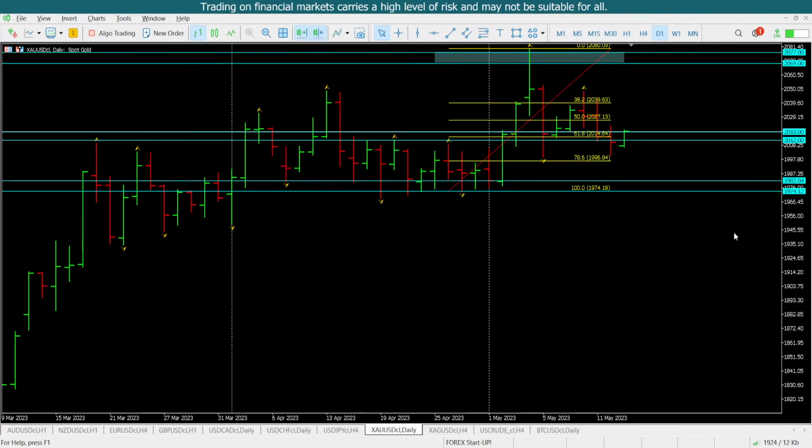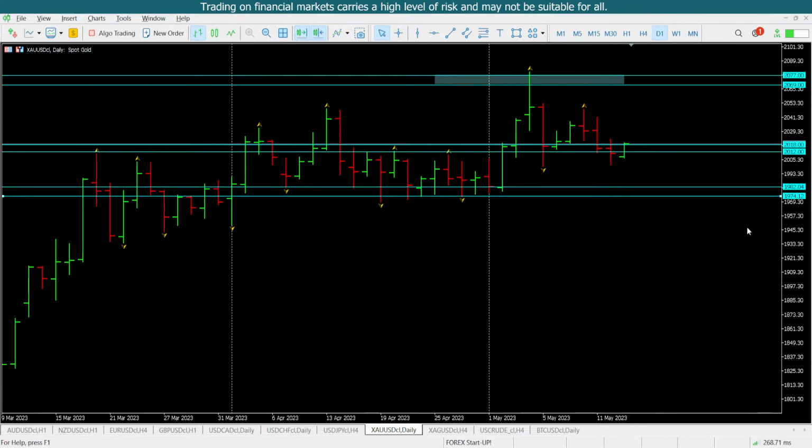Yung bullish na bias natin, is it still valid? Let's see. Tanggalin ko lang yung fib ko kasi I don't find it relevant anymore. Alright. Yeah, I think the bullish bias is still valid as long as the price stays within this area or this zone. But if it would start staying below that, then saka lang tayo mag-change ng bias natin.